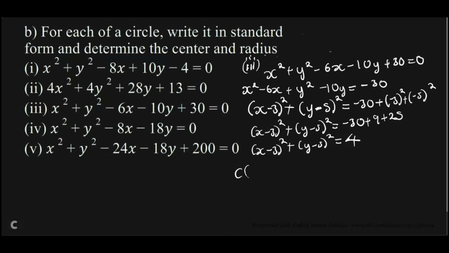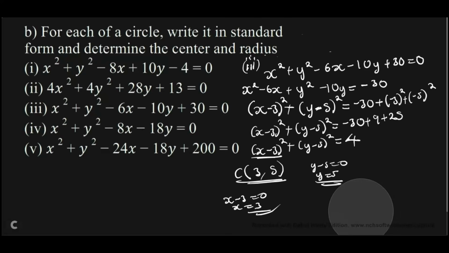In this situation, what's the center? It is 3, 5. How are we finding the center? We're just equating this part to 0. So for example, x minus 3 equal to 0, and x is equal to 3. Then the other one is y minus 5 equal to 0, y is equal to 5.